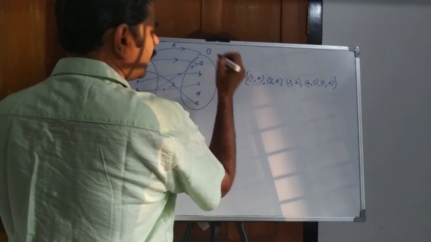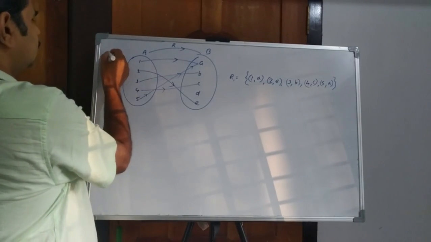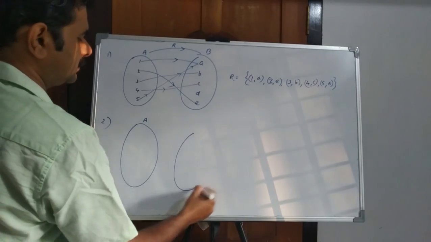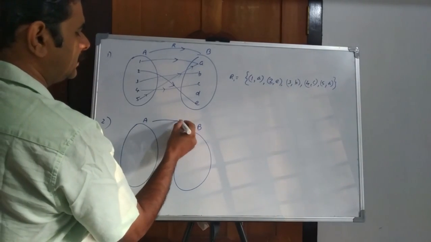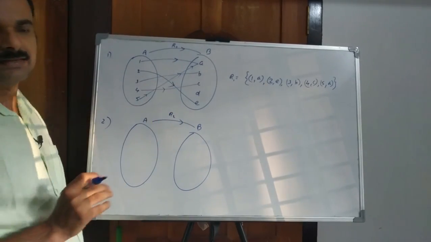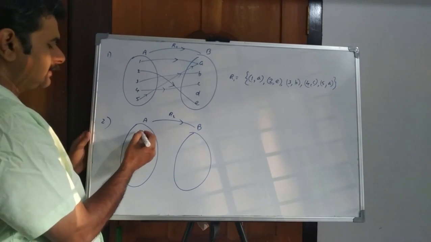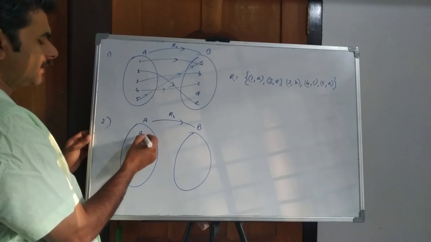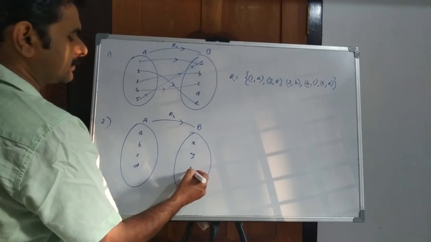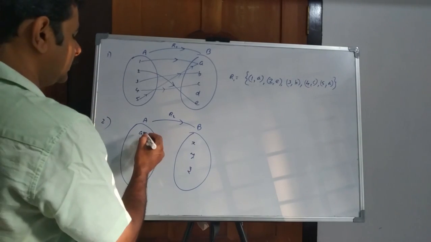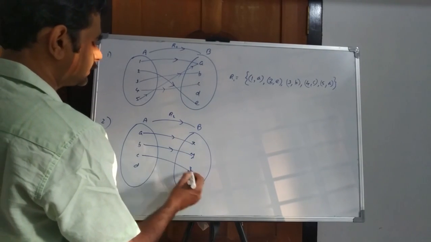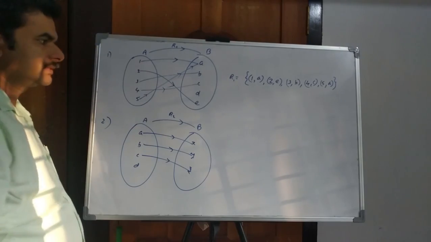Let us take it as R1. Now the second relation. A relation R2 is taken from A to B. In A there are several elements: A, B, C, D. Here in the second set: X, Y, Z. A is connected to X, B is connected to Y, C is connected to Z. So what about the relation?